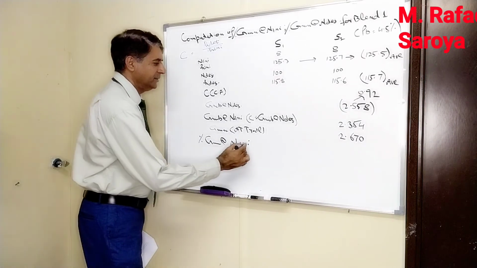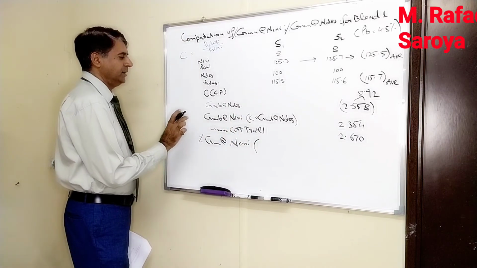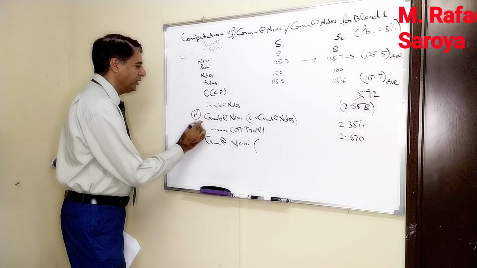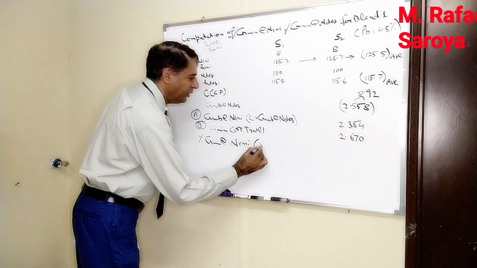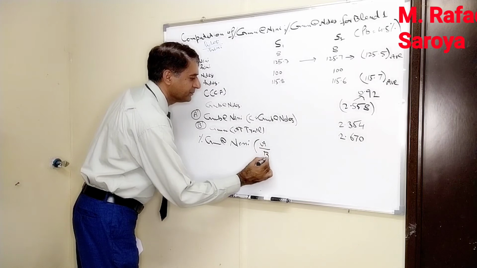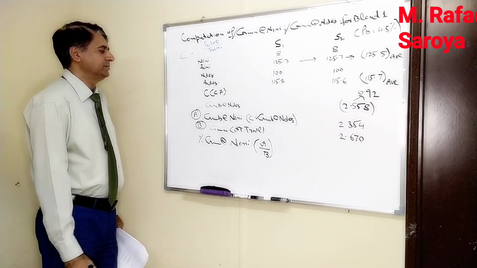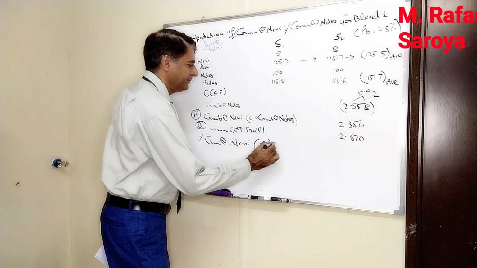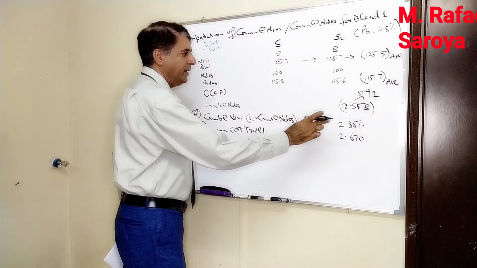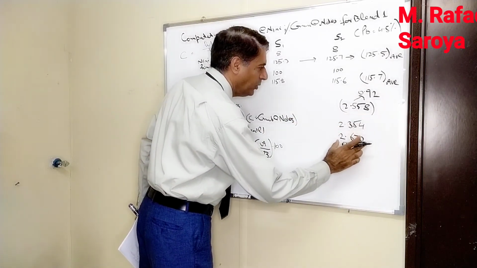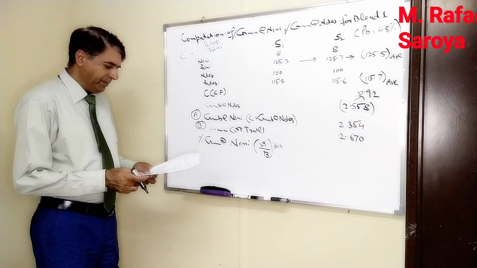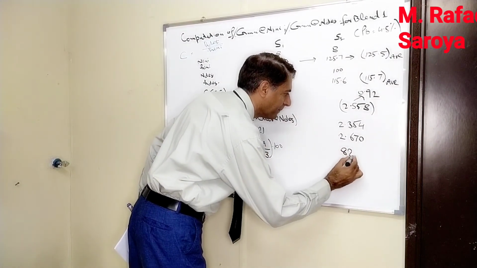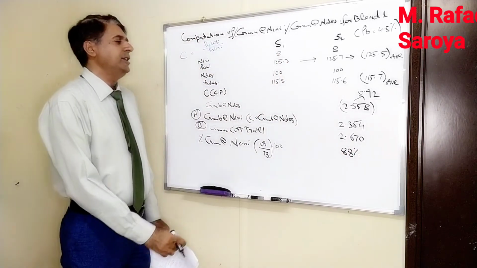Actually, it is the ratio of, let us suppose I write A and B, A over B into 100, because it is a percentage. If I divide this value by this value and multiply by 100, I get the answer 88%. This was my requirement.